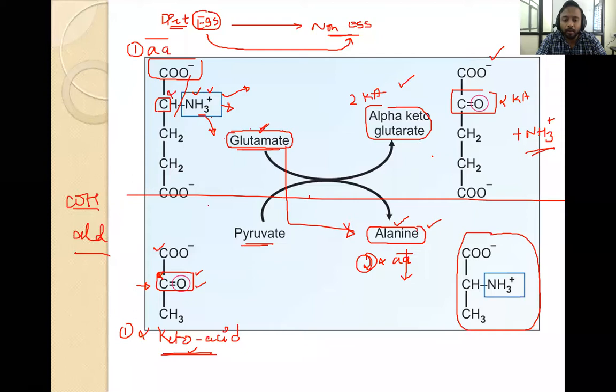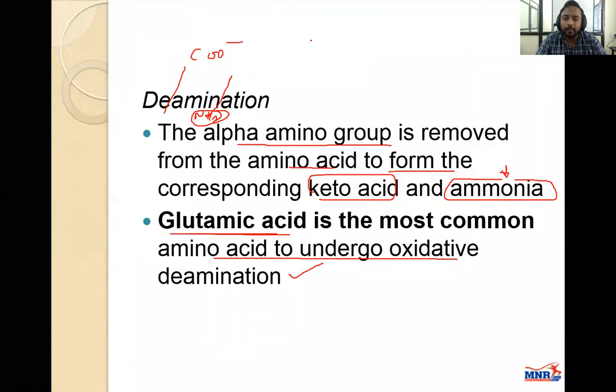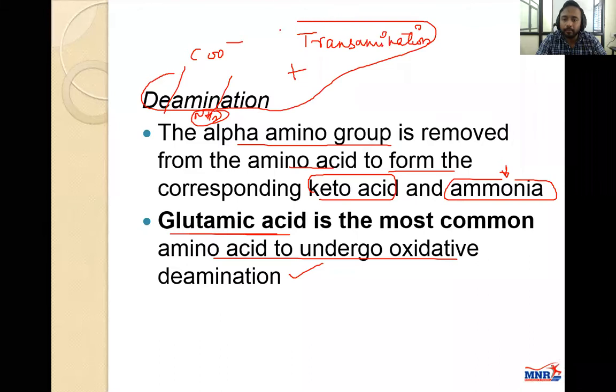But what normally occurs is that the transamination reaction and deamination reaction occur together. They are occurring in different places. Deamination reaction most commonly occurs in the liver. Transamination can occur anywhere.